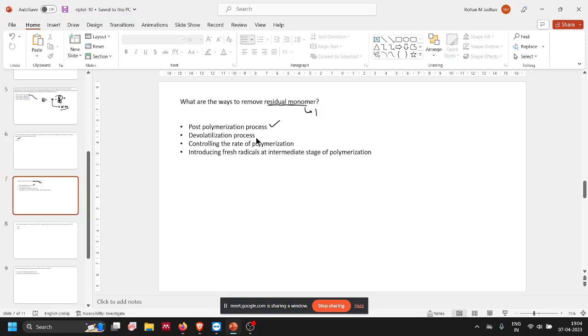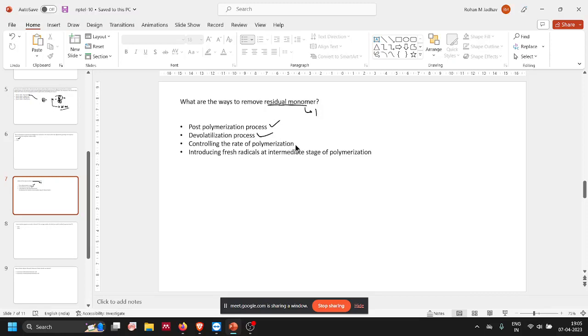Because of this, unconverted residual monomers are removed, and as the surface area increases, more volatilization can occur, for polymers formed during the main polymerization reaction that have a high surface area. This process can be carried out by flash volatilization. So devolatilization is also a major process in removing residual monomers.